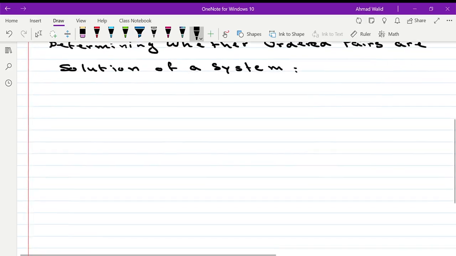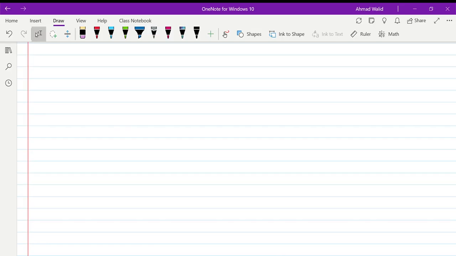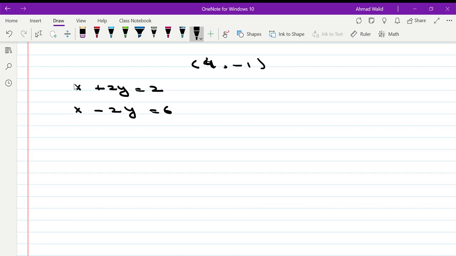In this topic, they give you an ordered pair. For example, they give you 4 and -1, and they're asking you to check if 4 and -1 is a solution for the system of x plus 2y equals 2 and x minus 2y equals 6. What does it mean?